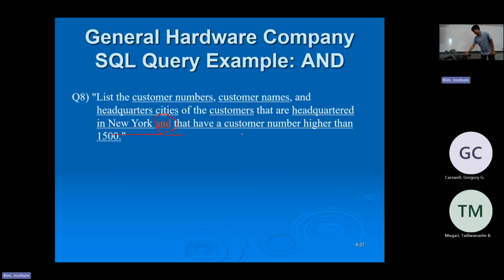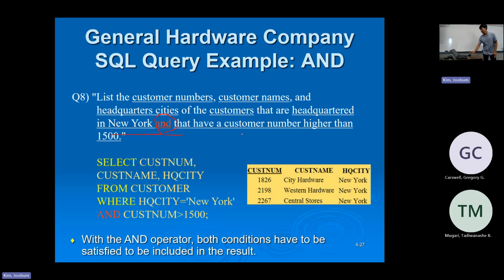So it's going to be like that: select number, name, headquarters city from the customer table, and then we add two conditions. Headquarters city is New York. Customer number is greater than 1500.